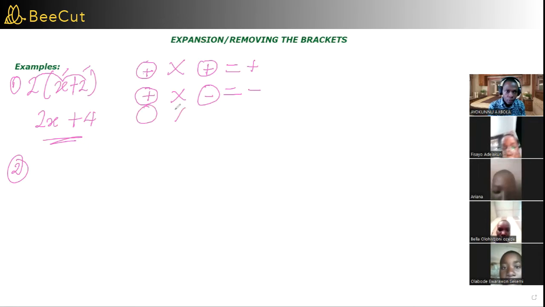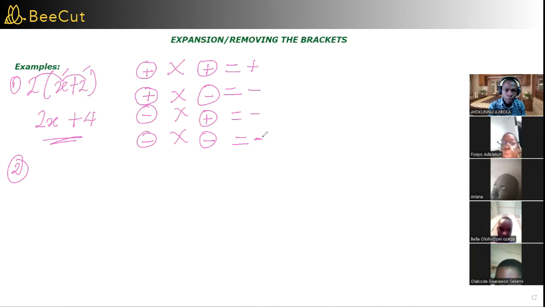If the first is negative, the second is positive, then your answer must be negative. But if you're using a number to multiply another number, a letter to multiply another letter, if the first is negative, the second is negative, the answer must be positive.